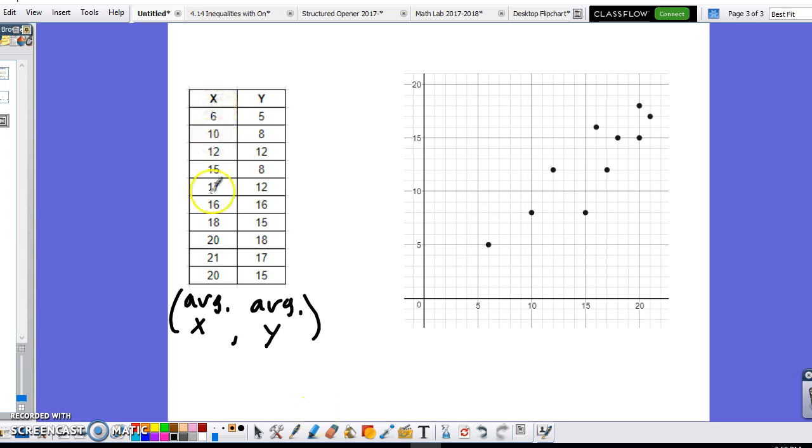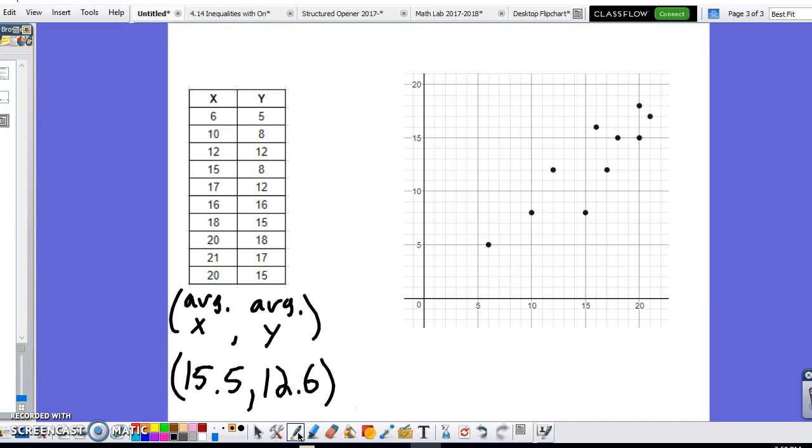As I add up the x's and divide by 10, my x value ends up being 15 and a half. And then I'm going to add up the y's and divide by 10, which ends up being 12 and 6/10, or as we like to say, 12.6. And that's my balance point.